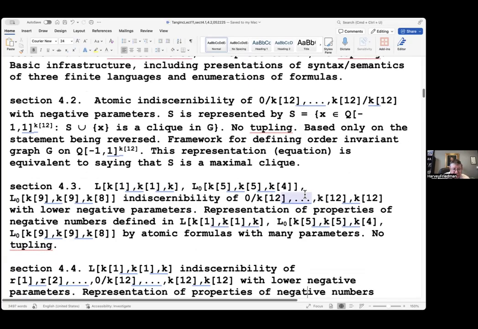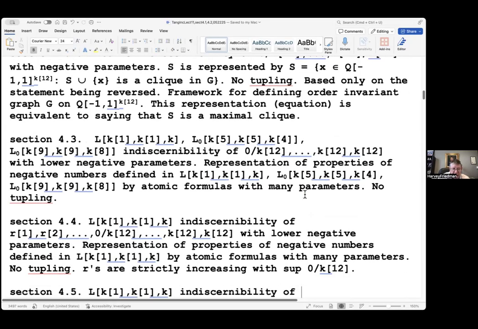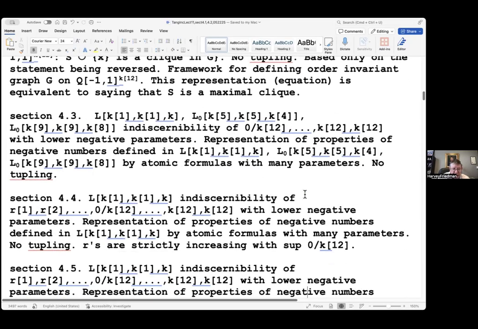4.3 we did last time. We have the indiscernibility with respect to all these languages, and representation of properties of negative numbers defined this way by atomic formulas. That's the atomic representation section. In the next one, the indiscernibility is strengthened to have infinitely many indiscernibles with finitely many on top.